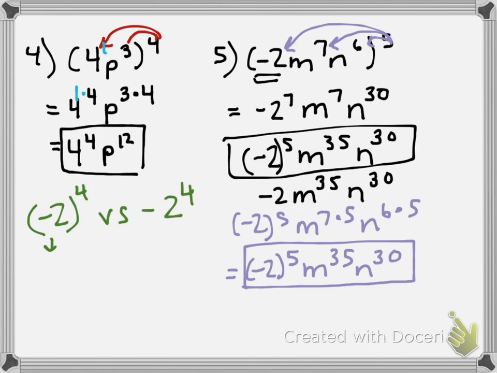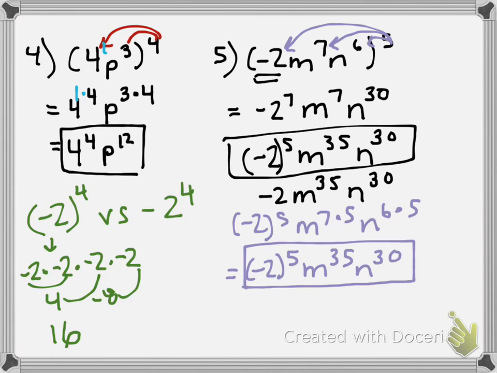So this one says multiply -2 times -2 times -2 times -2. Well, what's -2 times -2? 4. What's 4 times -2? -8. What's -8 times -2? Positive 16. Signs are the same. I'm going to get a positive.